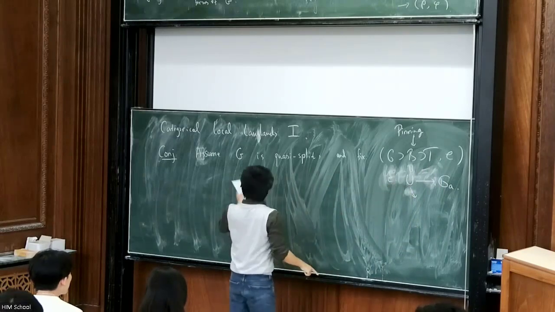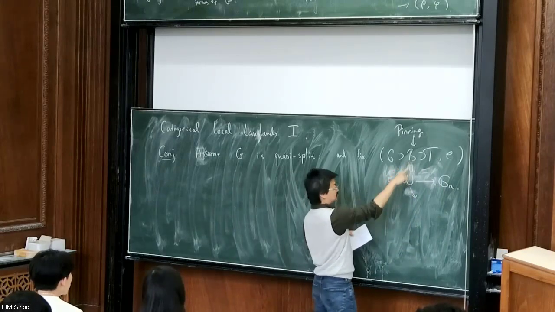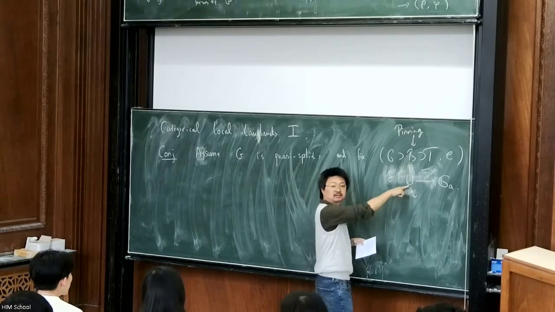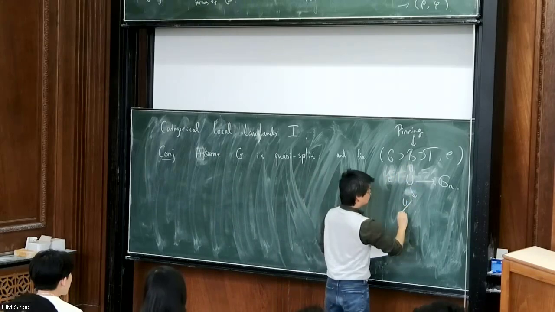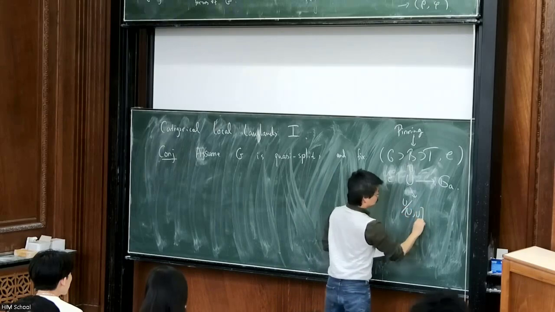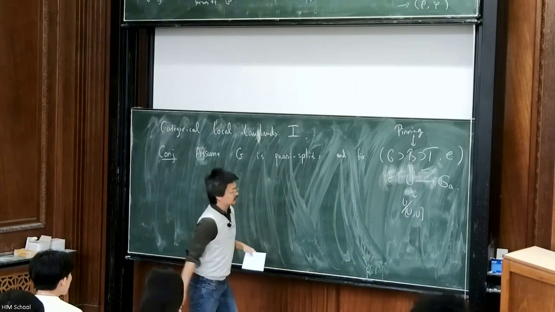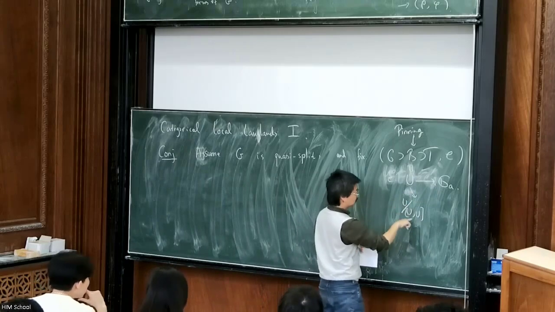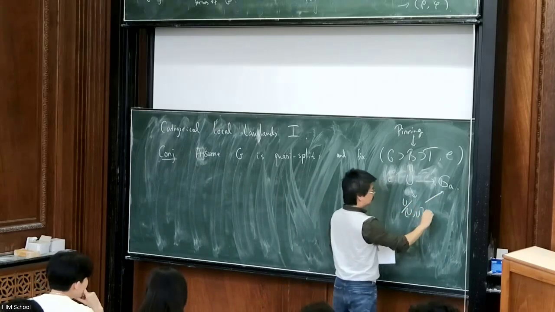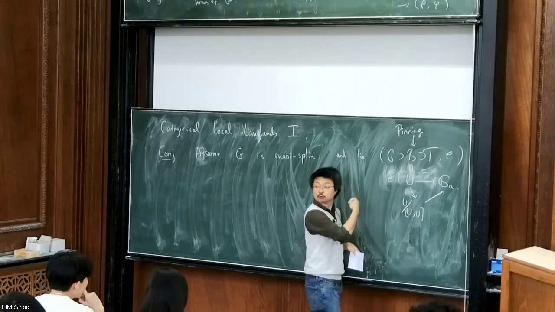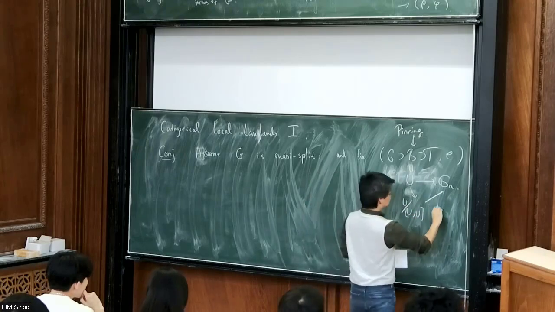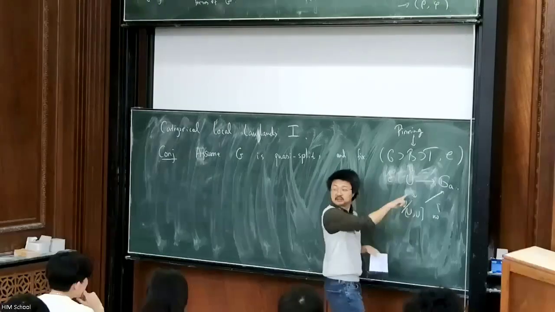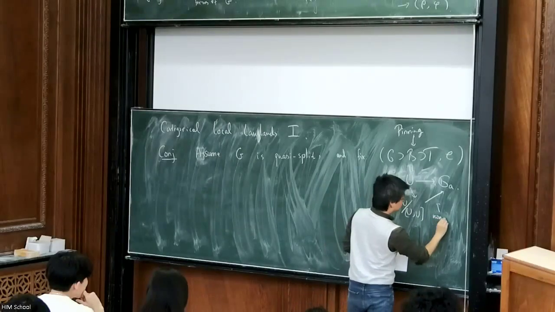In the case of, let's say, GL_n, U is the strictly upper triangular matrices. Any homomorphism to G_a factors through U modulo its derived group, which is some product of G_a corresponding to simple roots. Non-degenerate means that when you restrict to each root subgroup it is non-trivial.